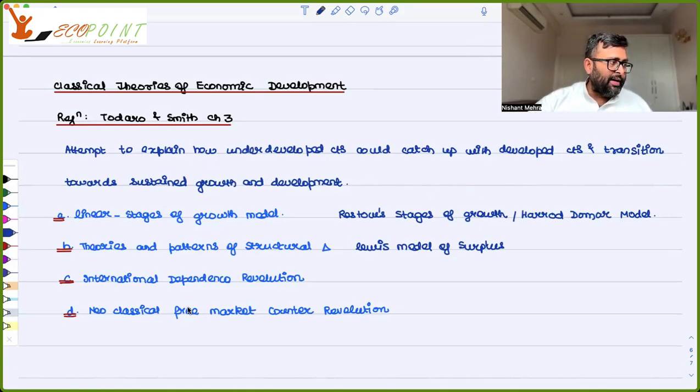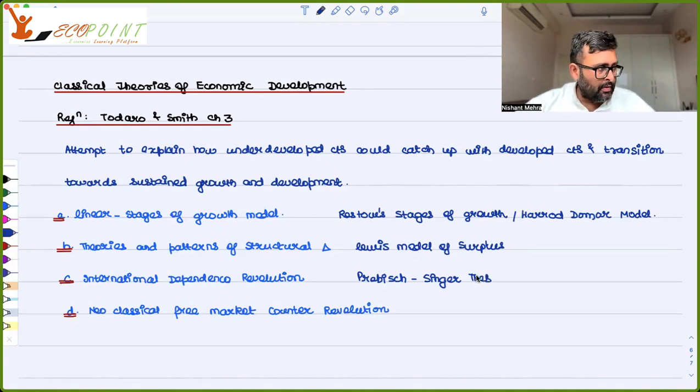And then you have international dependence revolution. So here you have the Prebisch-Singer thesis and models such as Frank's dependency theory.